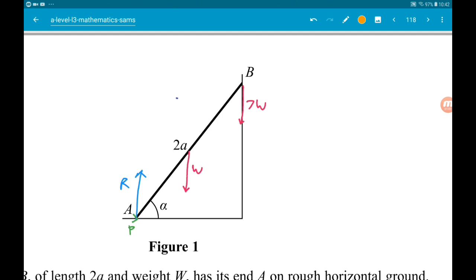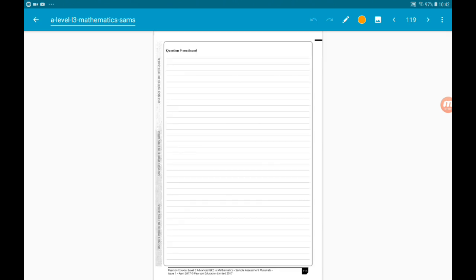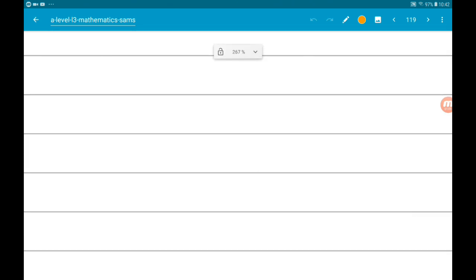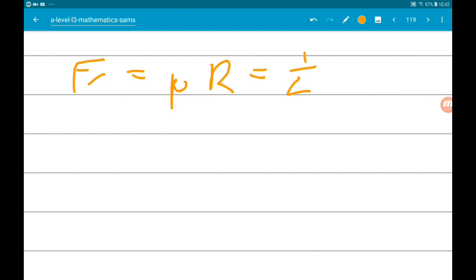So what we know then, we know friction is mu times R. So we know that mu is a quarter. We don't know R. So what we do know is the vertical forces are in equilibrium.